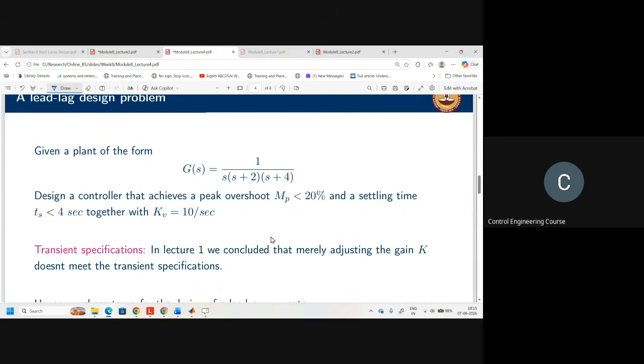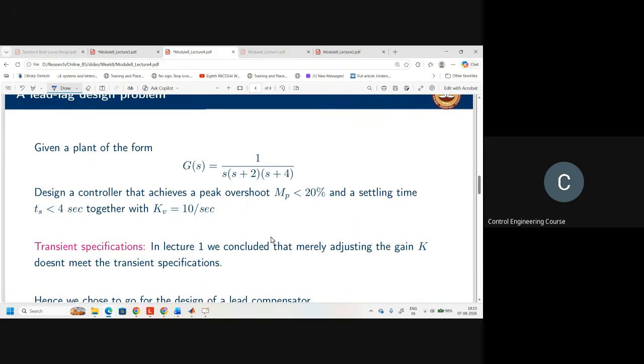Here is one example problem, where G of s is (s plus 2)(s plus 1) divided by s(s plus 2)(s plus 4). Here the peak overshoot Mp should be less than 20%, together with Kv of 10.